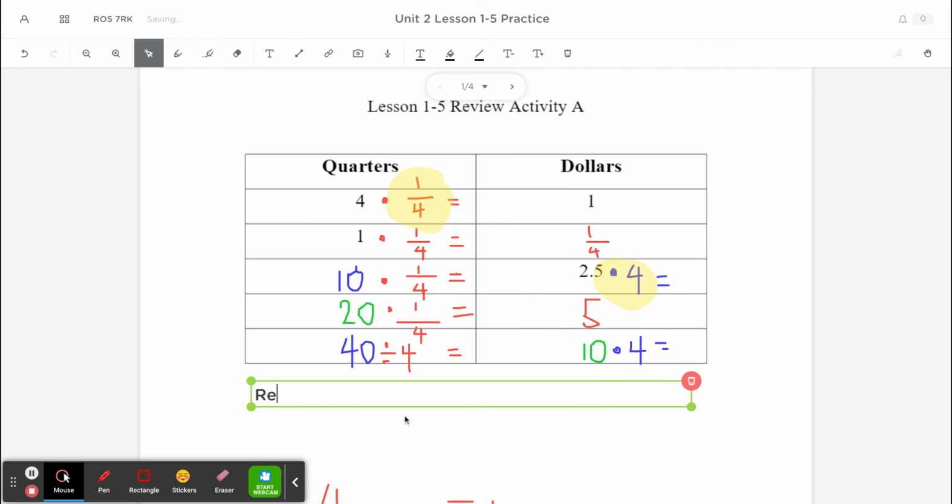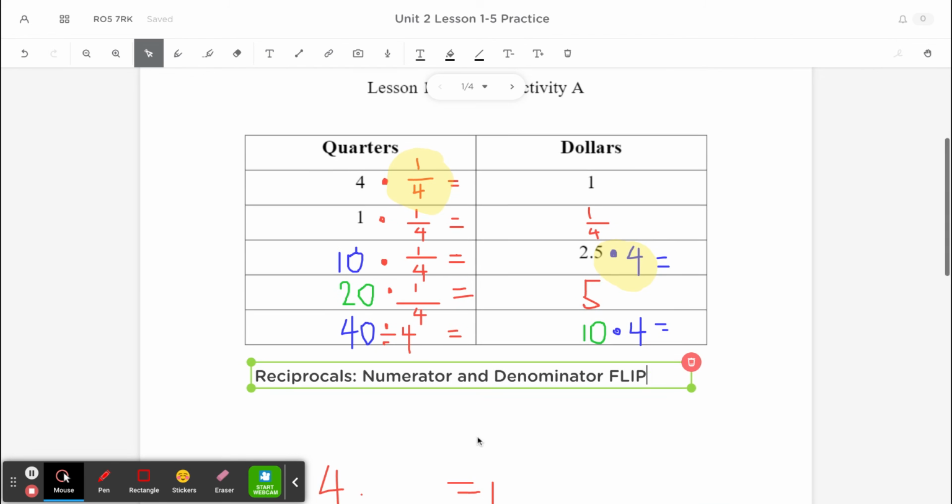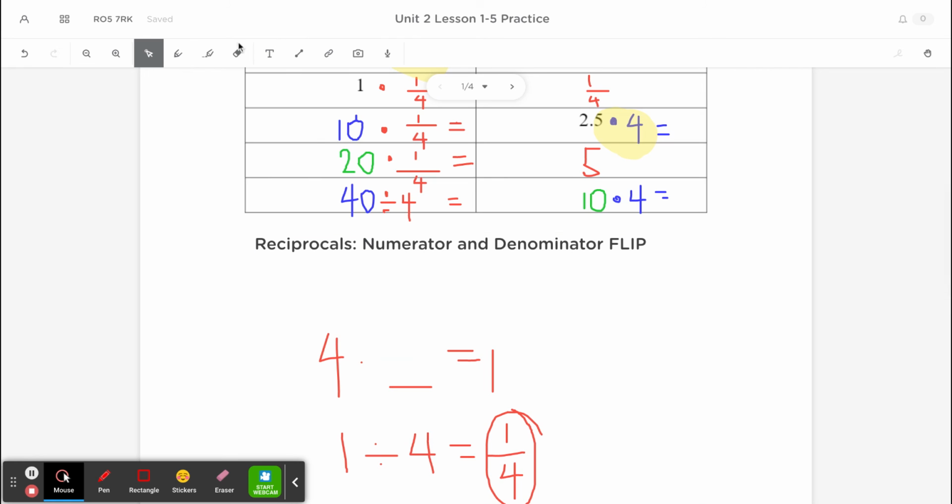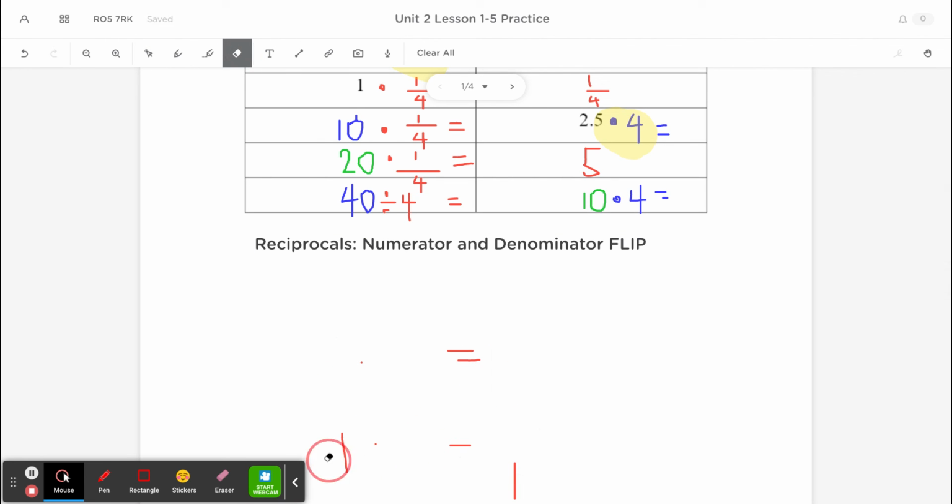Reciprocals are when the numerator and denominator flip, meaning that the whole number 4, which is the same thing as 4 over 1, has a reciprocal of 1 over 4.